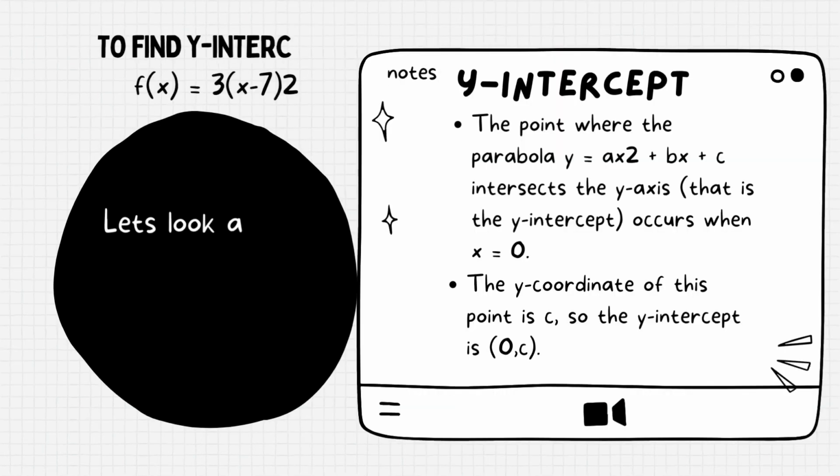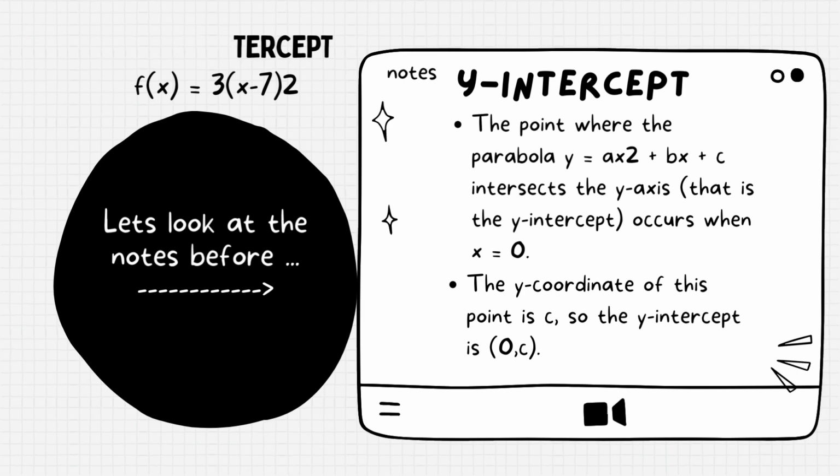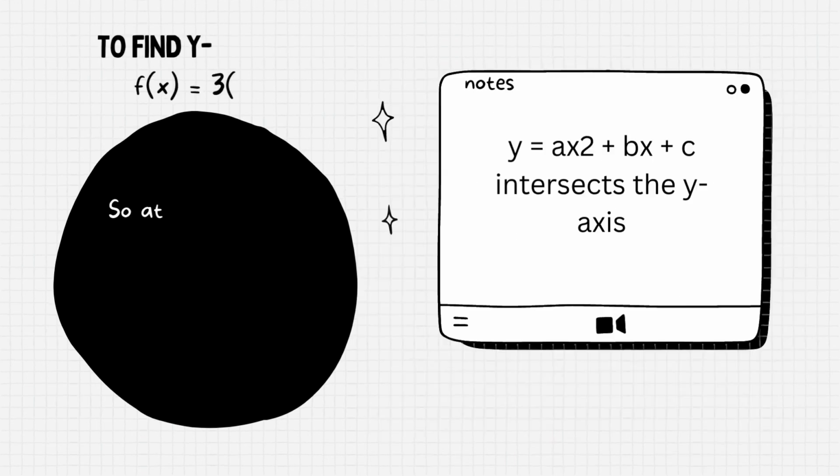Okay, in order to find the y-intercept, let's look at the notes from before. The y-intercept is the point where the parabola y equals ax^2 plus bx plus c intersects the y-axis, that is, it occurs when x equals 0. The y-coordinate of this point is c, so the y-intercept is 0 as the x-coordinate and c as the y-coordinate.